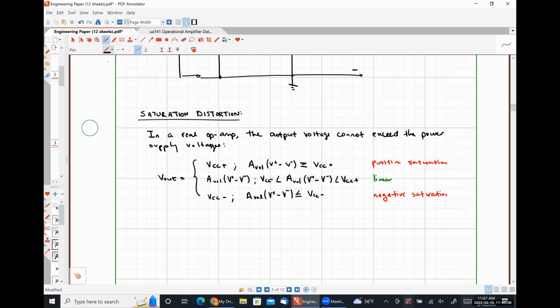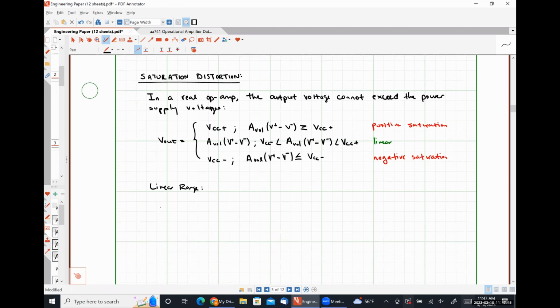So our linear range mathematically is simply VCC minus over our open loop voltage gain will be less than, in this case, our differential voltage, because that's the true input here, will be less than VCC plus over our open loop voltage gain.